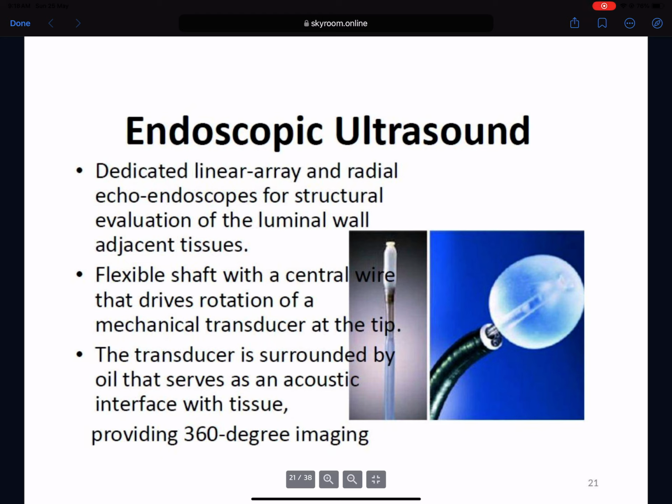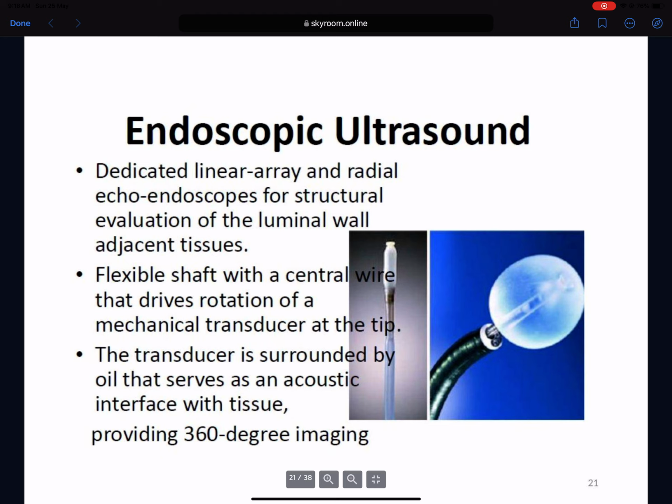So what is the benefit of endoscopic ultrasound? You know that if you put a light inside the esophagus, you cannot see the light from outside the body. And if you want to use ultrasound to see inside the stomach, it's impossible. Can you tell me why?